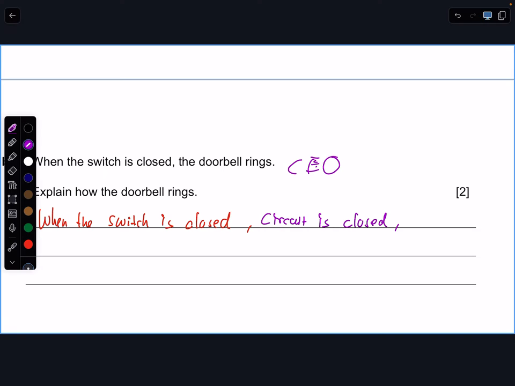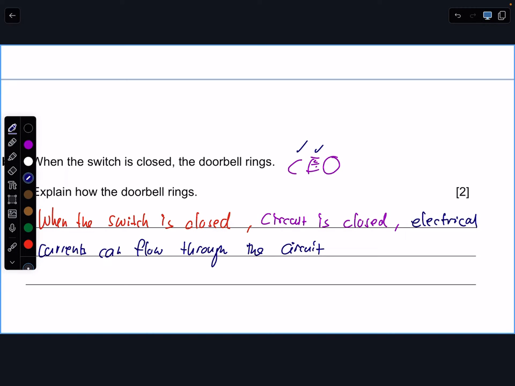And then my E: electrical current can flow through the circuit. My C is done, my E is done.